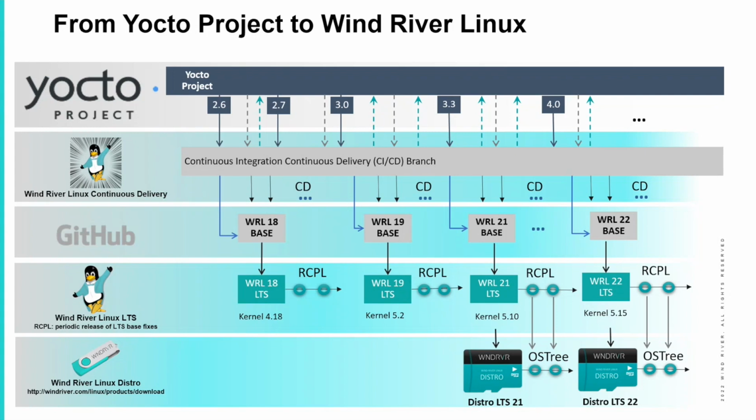That will come out basically every year. The Wind River Linux distro that I'm going to talk about in more detail in a moment is based on that LTS release, so it's built from it, but it takes the headache away from you having to build everything. Next slide, please.